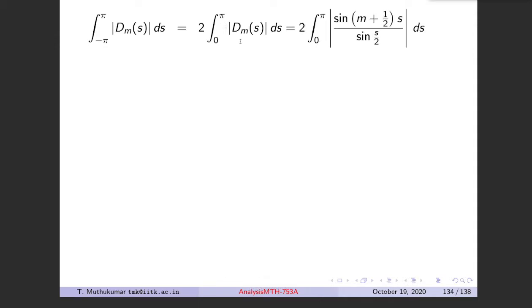Now we have already shown the value of D_m, and why? Because s is now between 0 and pi, so s is not an even multiple of pi. For this range of s, the value of D_m(s) is precisely this. That's what we have shown already.